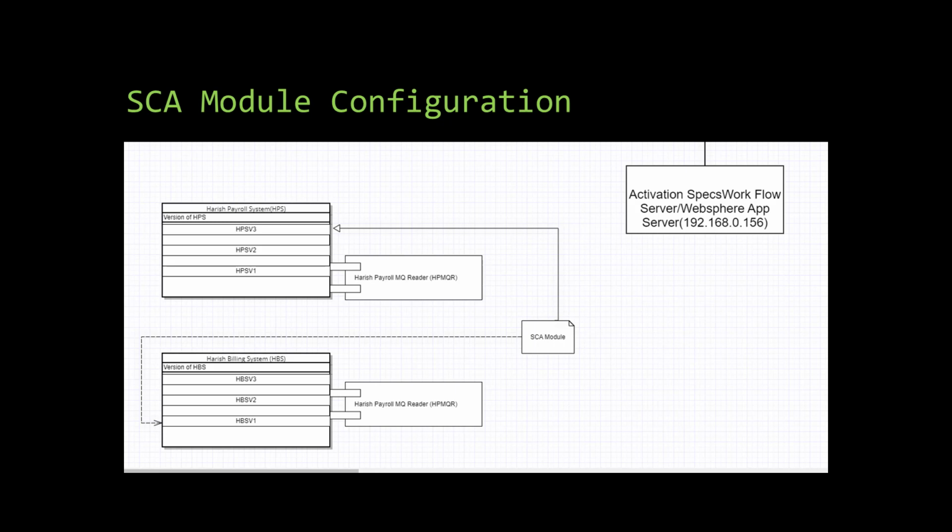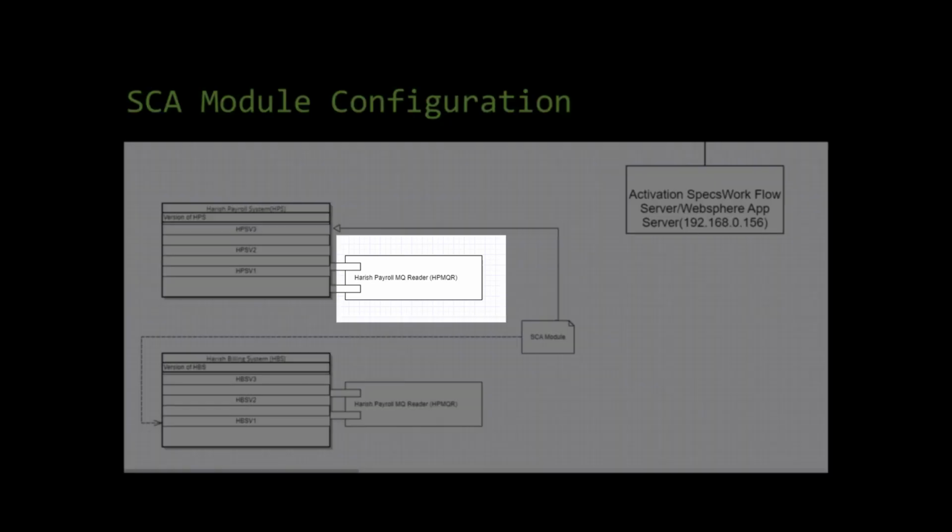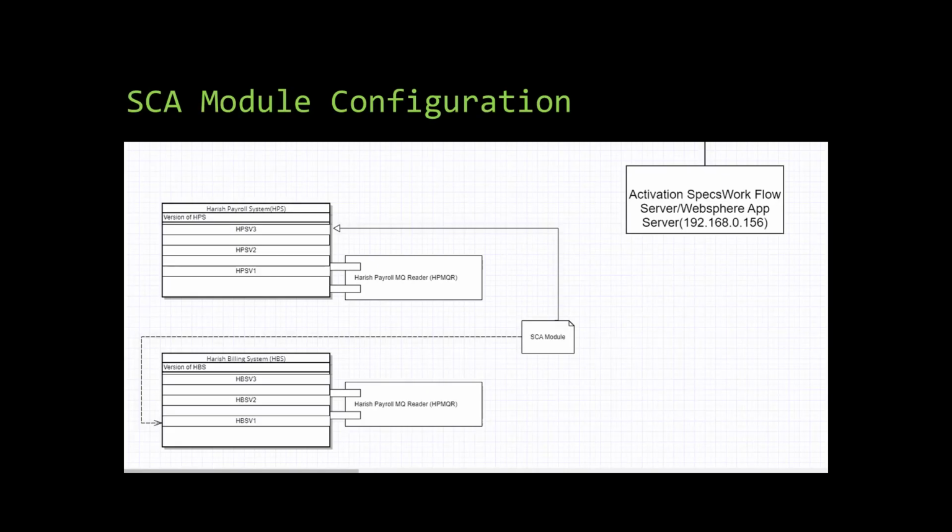Let's say we have an application called Harish payroll system, and we need to create another toolkit called Harish payroll MQ reader. Usually in real life situations we need to have one MQ reader toolkit per application.